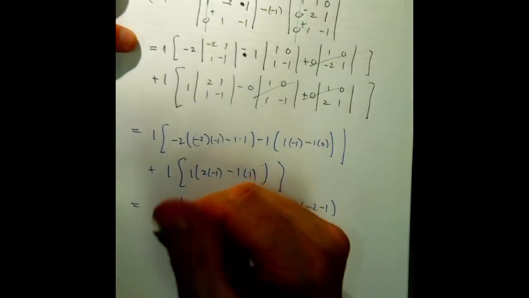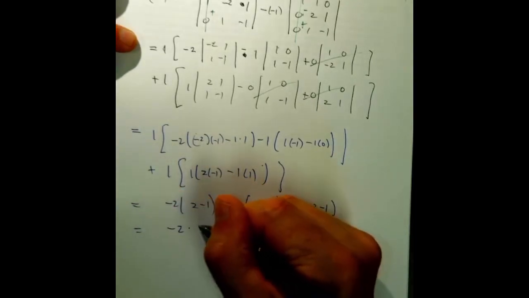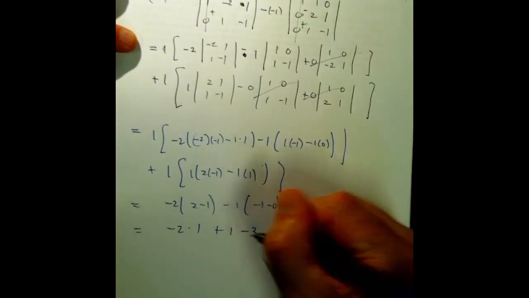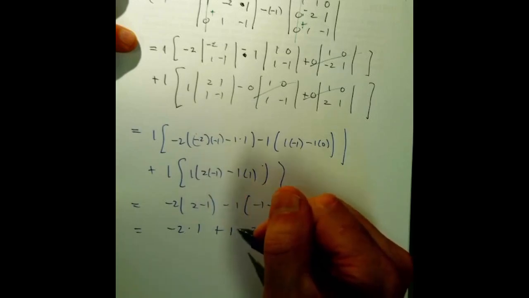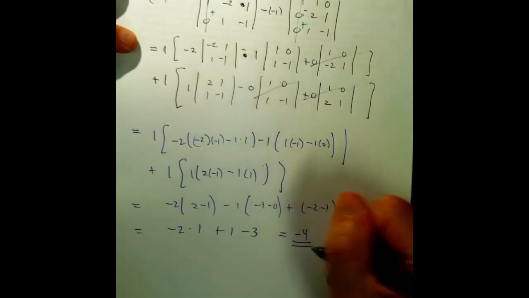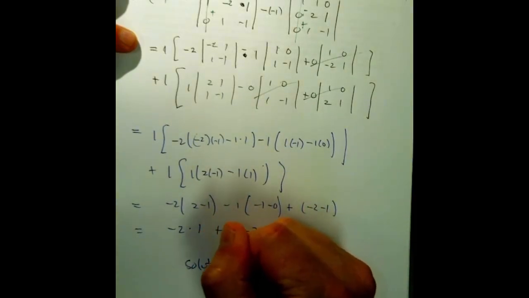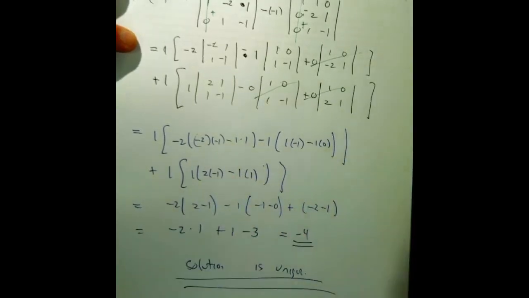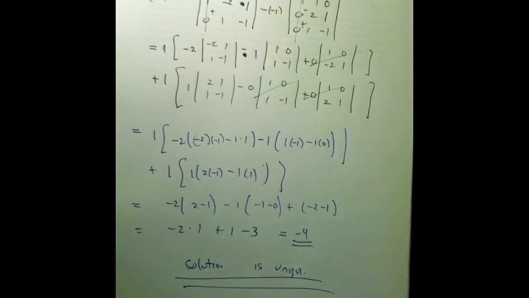I think that's okay. So this becomes minus 2 times 1 plus 1 minus 3. So I get minus 2 plus 1 is minus 1, minus 3 is minus 4. So the solution exists and it's unique.